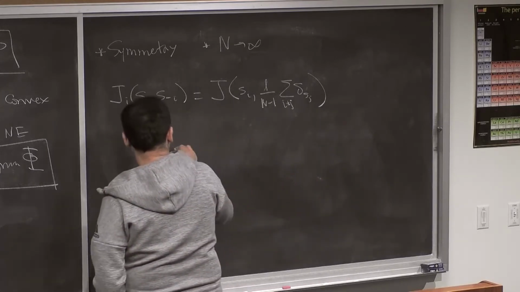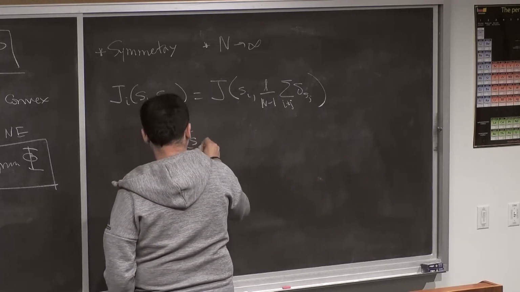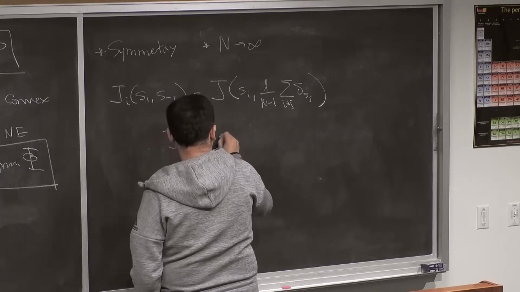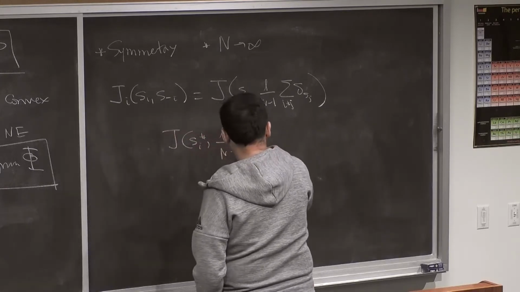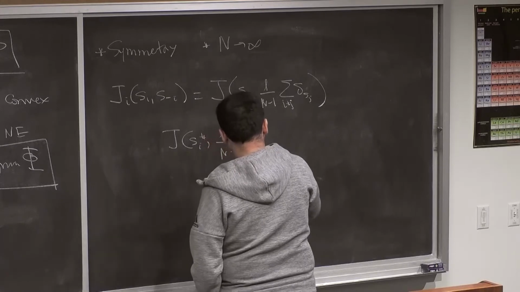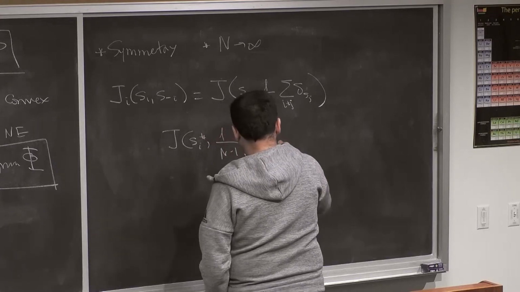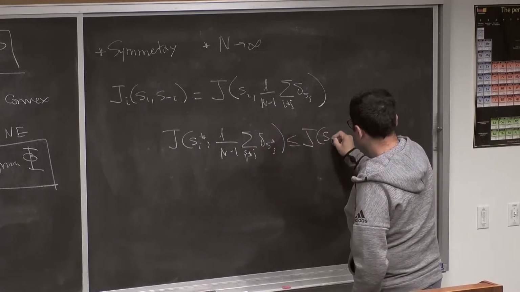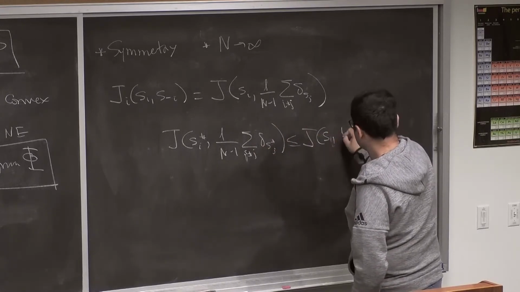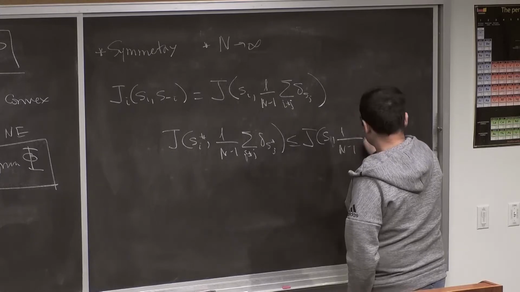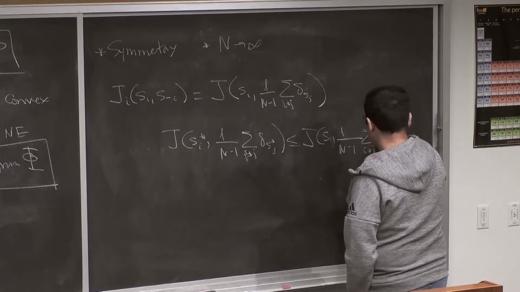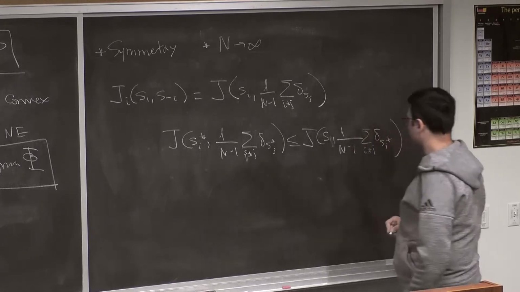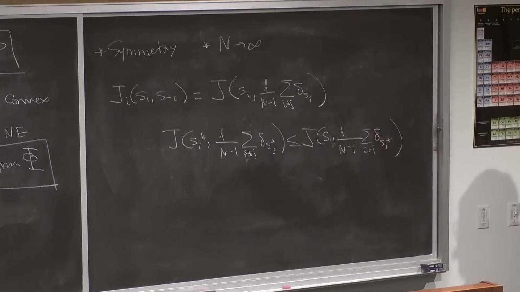Now the Nash equilibrium would be that Sj star is a minimizer of Sis. So this would be the condition for the Nash equilibrium.